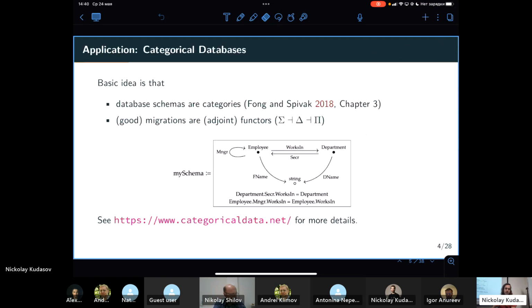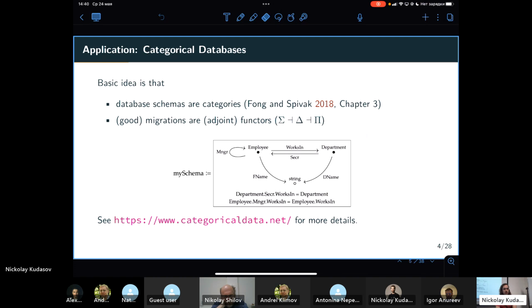And I particularly like one of the ideas in that book, which maybe will also be useful to you. Maybe you will appreciate category theory a little bit more through this view. And this is the view where we say that database schemas can be treated as categories.